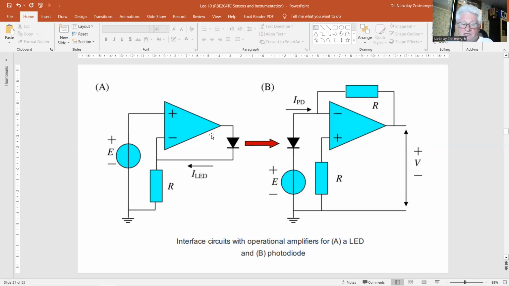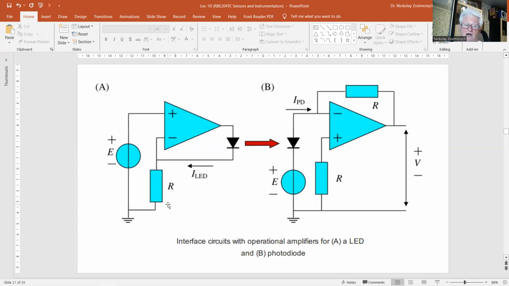This makes the voltage difference between the two input terminals 0. And hence, the voltage at the negative input terminal in figure A is equal to E, forcing a current E over R flowing through the resistor R.